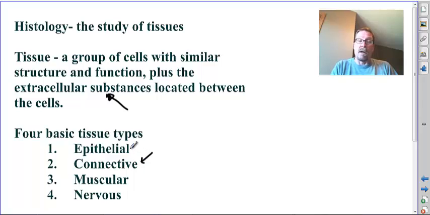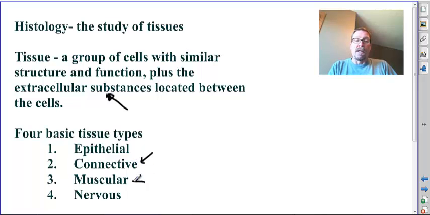And yes, they are for epithelial also. These all have varying layers or varying amounts of extracellular tissue or substances. But anyhow, it will be most important when we talk about connective tissue.